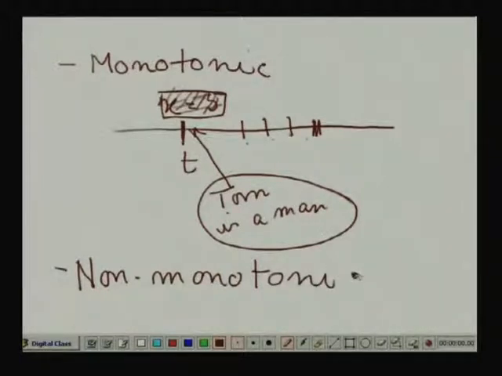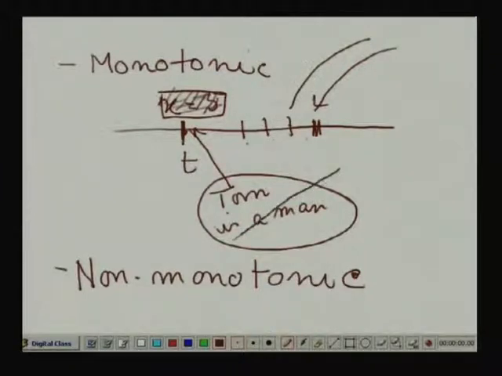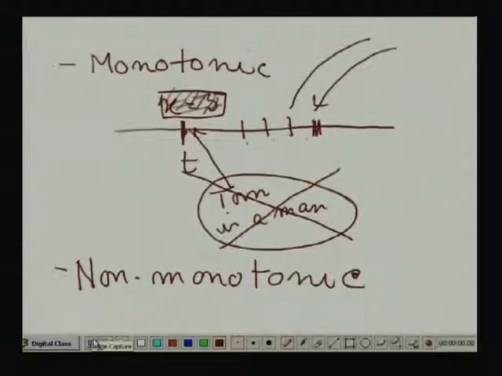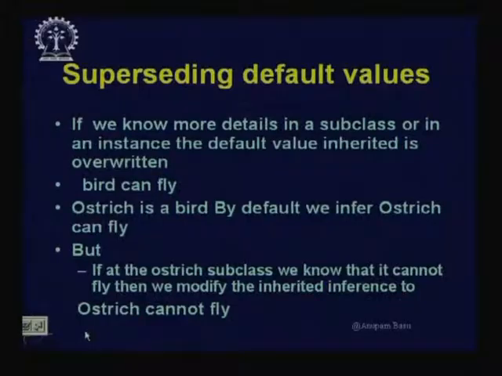Non-monotonic reasoning means whatever I have inferred at this point of time, with the arrival of new facts or information that I am generating, this can be changed. It is possible to invalidate that, and you will see that this default reasoning is nothing but an example of the same.